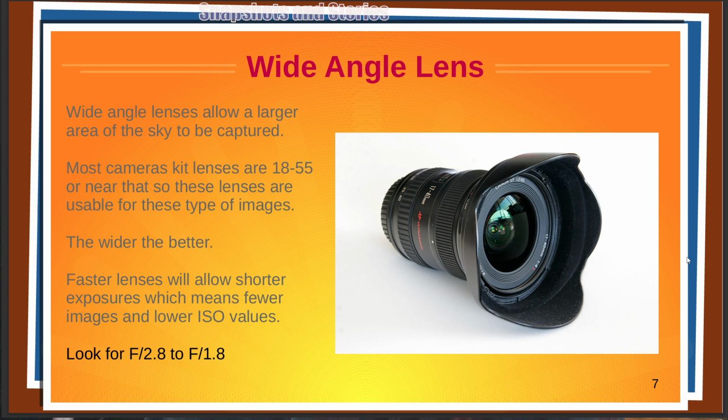Faster lenses will allow shorter exposures. When you look at your lens, there's an F value, and what you want for best results would be f1.8 to f2.8, somewhere in around there, and you'll get a nice efficient lens which allows a lot of light to come in, so you can gather light more efficiently.